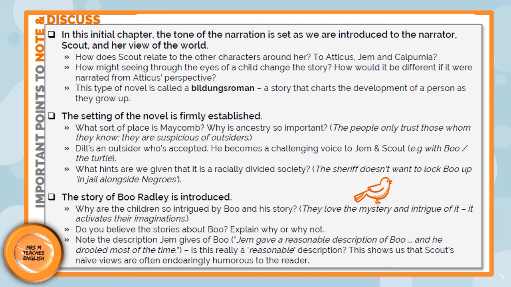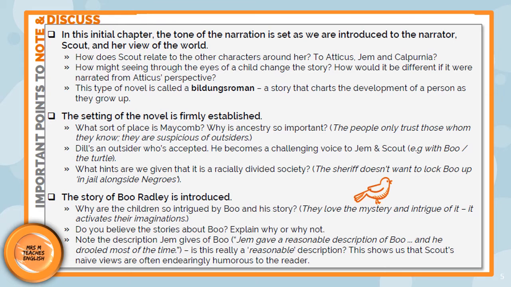While we read through Chapter 1, I want you to focus on 3 points. Firstly, the narration of the novel. It is narrated by the main character, a young girl called Scout. As we read, you should think about this choice. How would the novel be different if it were told in the third person, or if an adult narrated the events?